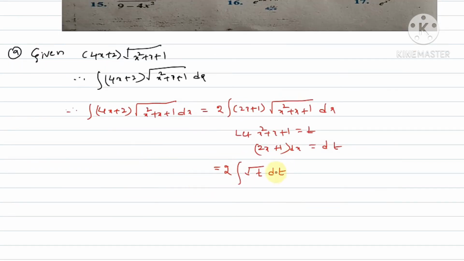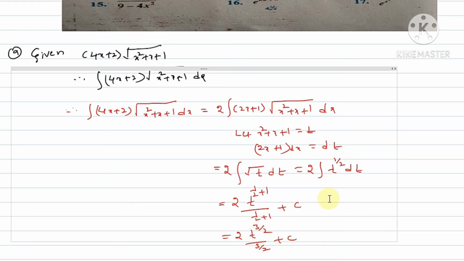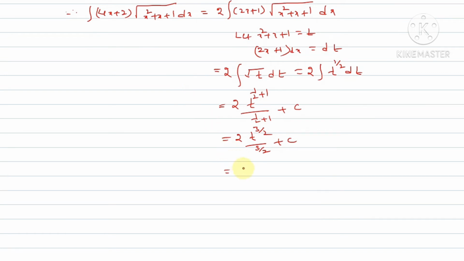This is nothing but 2 into the integral of t power 1 by 2 dt. Integrating, like x power n, this will be t power (1 by 2 plus 1) upon (1 by 2 plus 1) plus some arbitrary constant. 1 by 2 plus 1 is 3 by 2, so 2 into t power 3 by 2 upon 3 by 2 plus c.